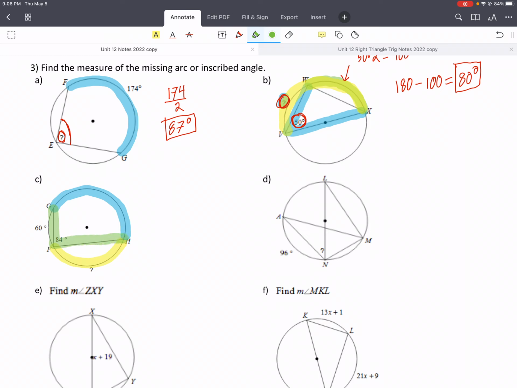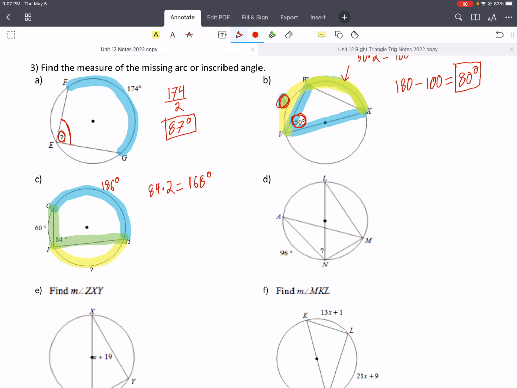So we know that the blue arc is double the green angle. So we just have to take 84, multiply it by 2, which gives us 168 degrees.